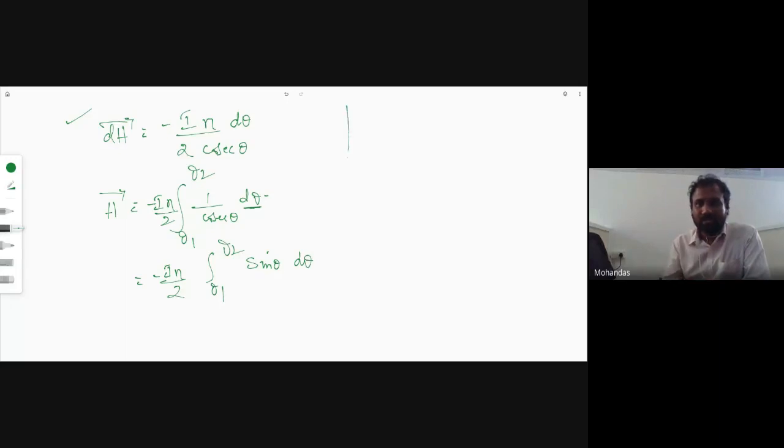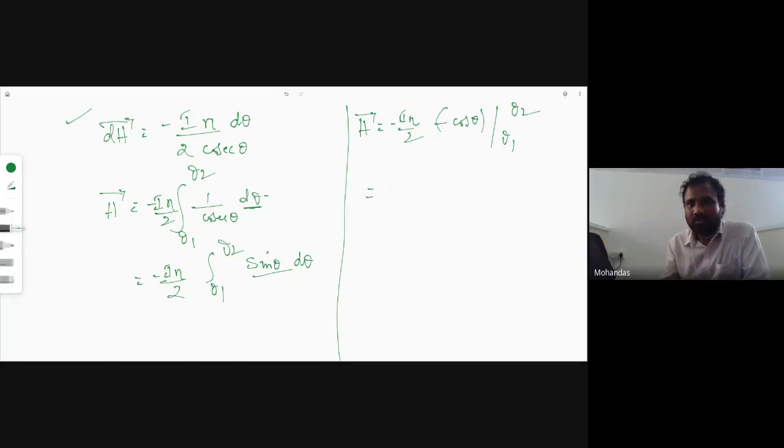Now, let us integrate this. So H equal to minus I n by 2. Integration of sin theta is minus cos theta, minus cos theta from theta 1 to theta 2. Okay, so already there is a minus, so both minuses will get cancelled out.